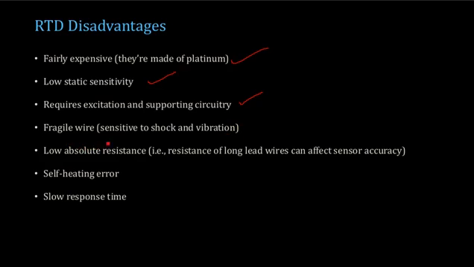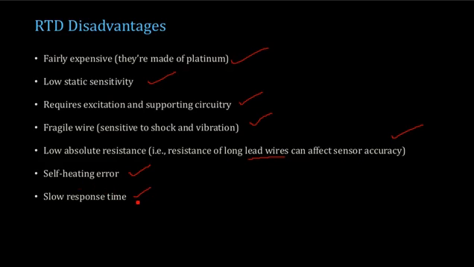It is sensitive to shock and vibration, and it has low absolute resistance. So lead wire resistance may affect the accuracy. It has self-heating error, as well as a slow response time.